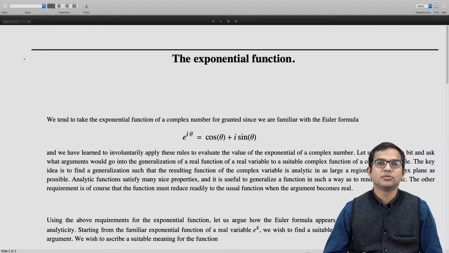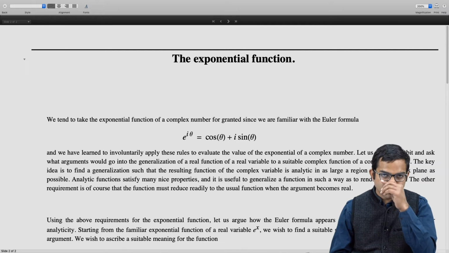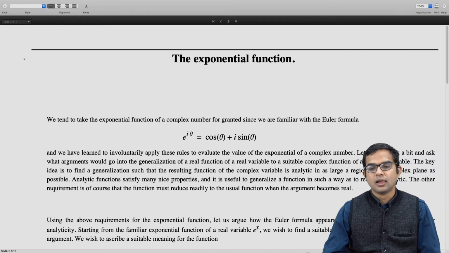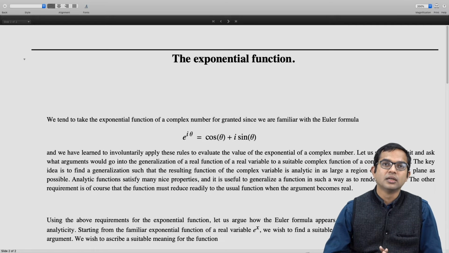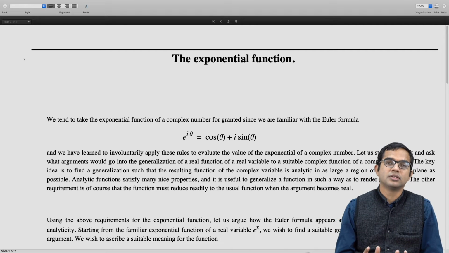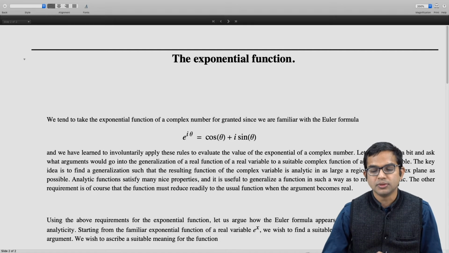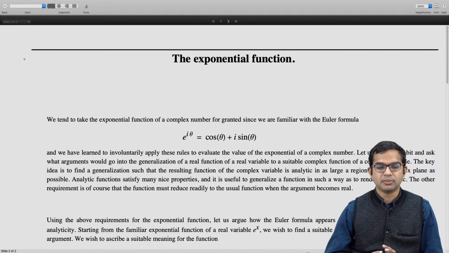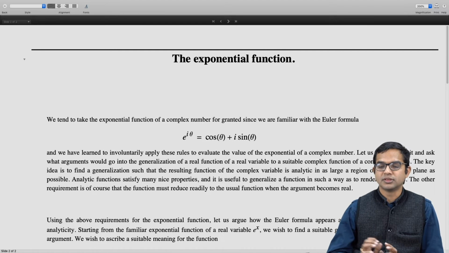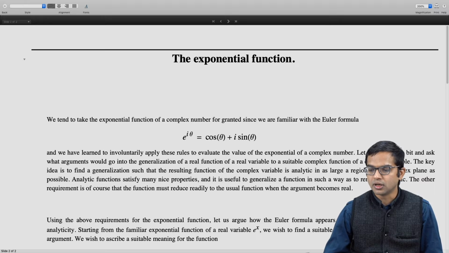So if you expand e to the i theta, you blindly take the argument to be i theta, and then you collect all the real terms and the imaginary terms separately, and you can argue that the series corresponding to cosine theta will be the real part, and the series corresponding to sine theta will be the imaginary part, right? So this is one way to come up with a justification for this formula.